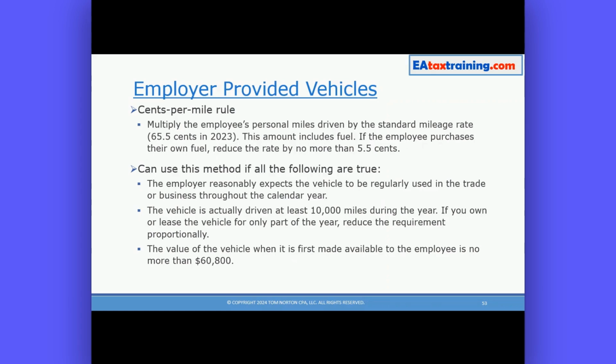So if you only have the vehicle for half the year, then it would be 5,000 miles, but you get the idea. 10,000 miles on an annual basis, at least. And the value of the vehicle when it is first made available to the employee is no more than $60,800. So you can't be providing them a fancy Porsche or something. It has to be $60,800 or less in order to use the cents per mile rule.